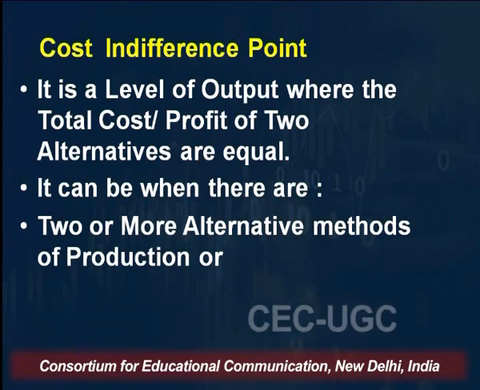So we are having two or more alternative methods of production, and we are trying to find a point of production which gives us the cost indifference level, where the cost of both the alternatives, or more than two alternatives, is supposed to be the same.